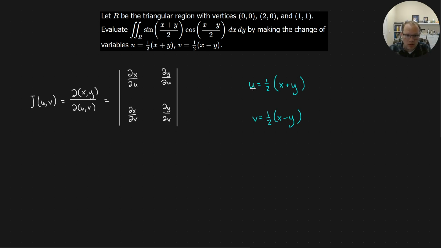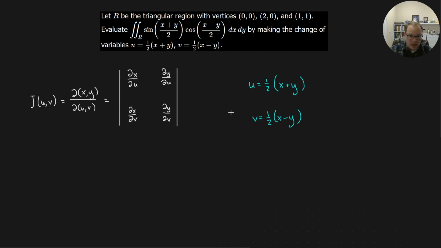We know what u is in terms of x and y. We know what v is in terms of x and y. But we want x in terms of u and v. We want y in terms of u and v. So we want to switch the orders around. We want to solve this for x. We want to solve this for y. Okay? So we could do that with a little substitution, with a little elimination here.